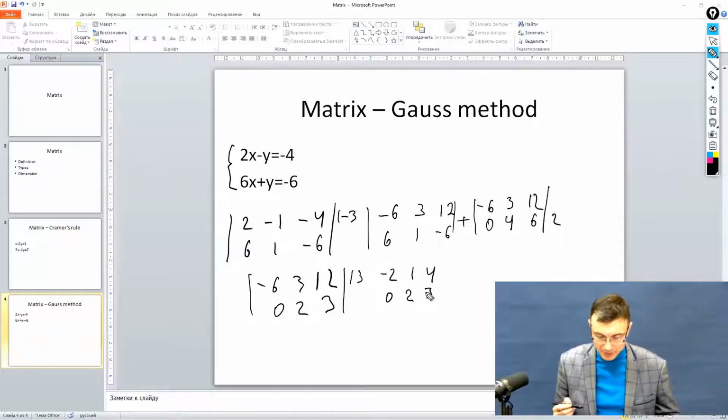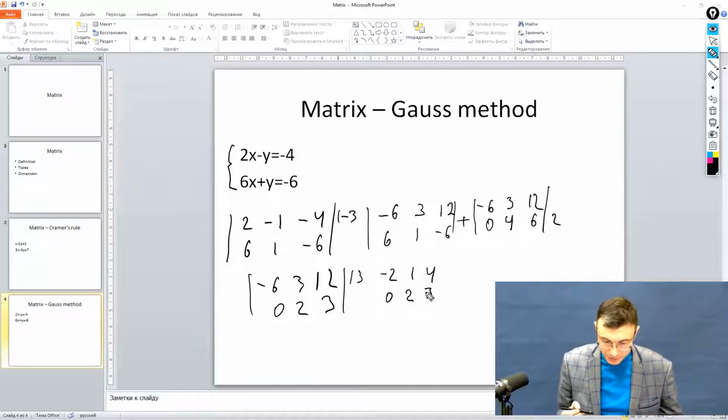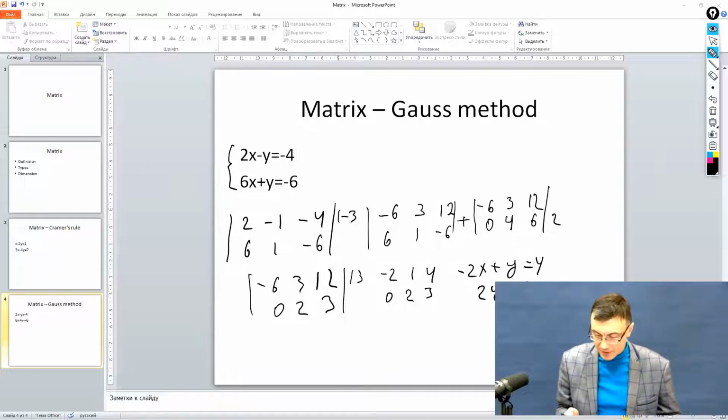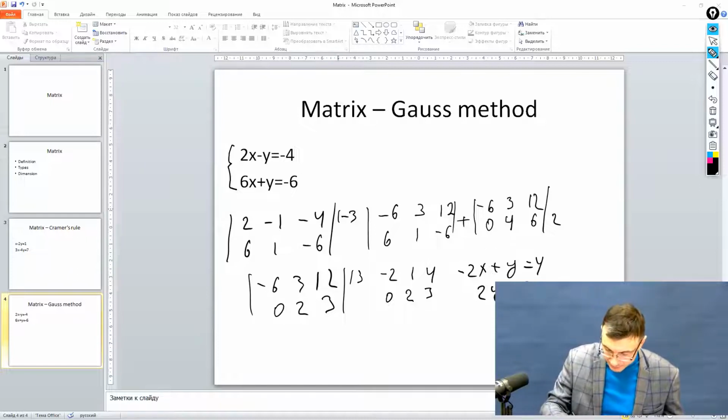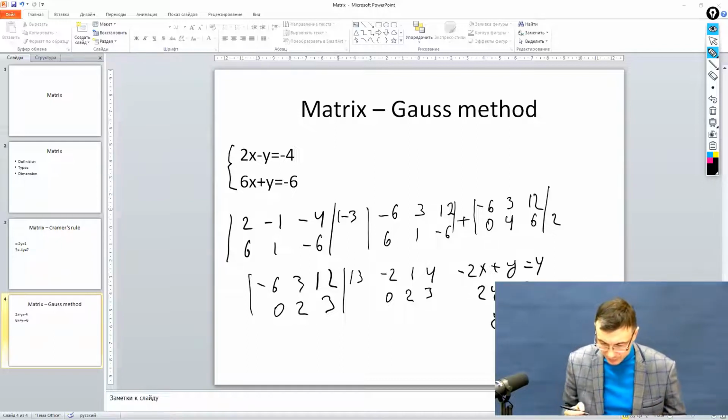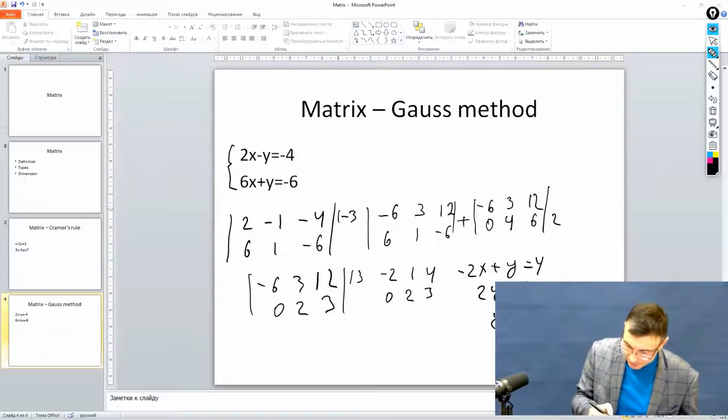Then we get back to our first equations and put here the unknowns. From the second equation we can easily get the unknown y, and after this we put it in our first equation.